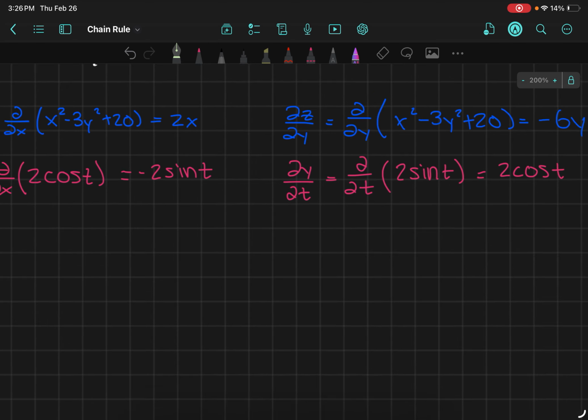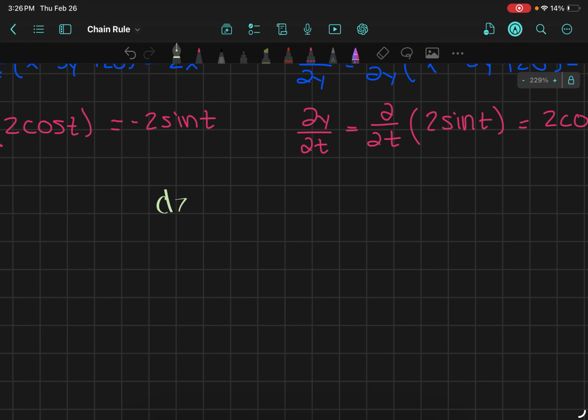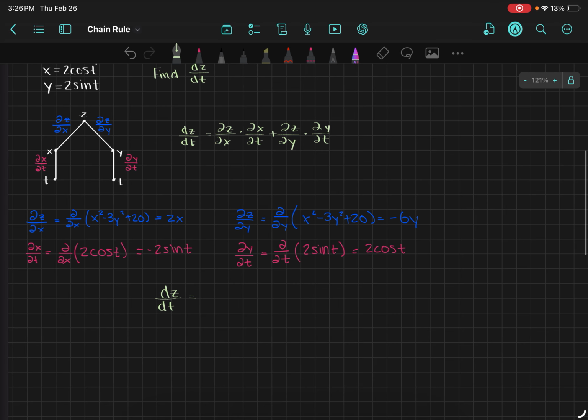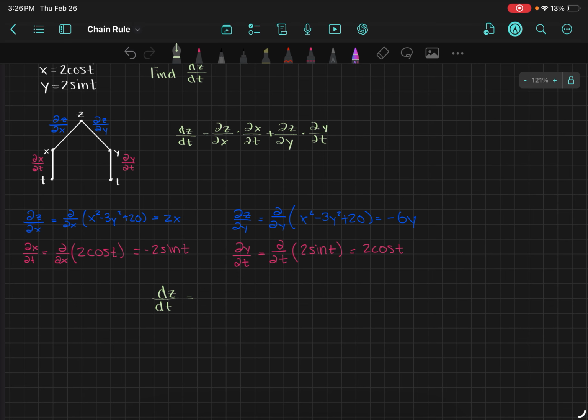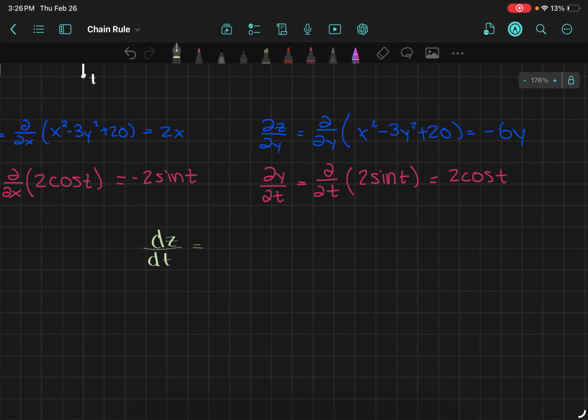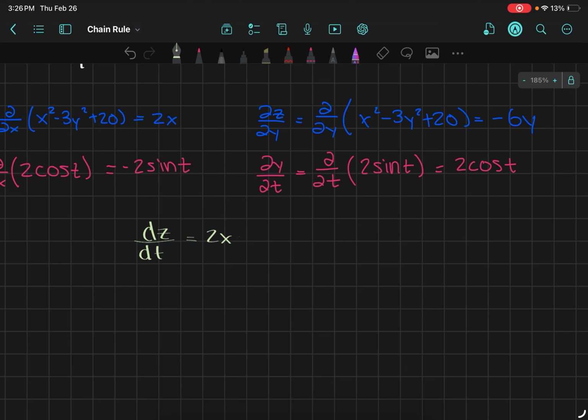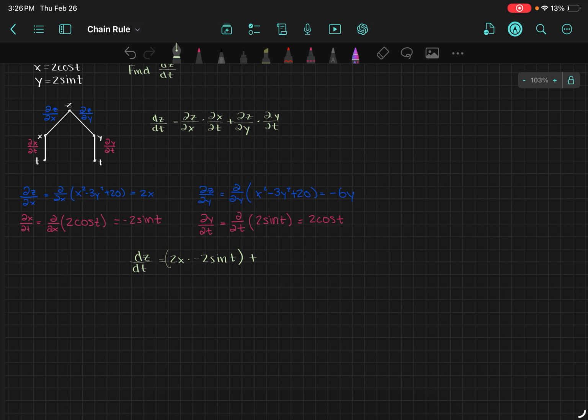Putting all of this together, we now have dz/dt is going to equal what? Well, we have our dz/dx times our dx/dt, so this is going to be 2x times negative 2 sine of t, plus our partial of z with respect to y times our partial of y with respect to t.